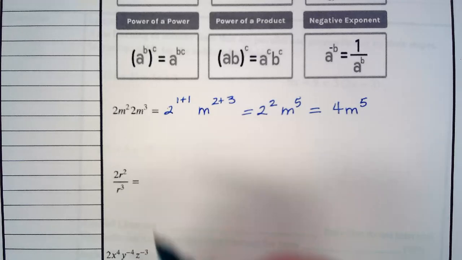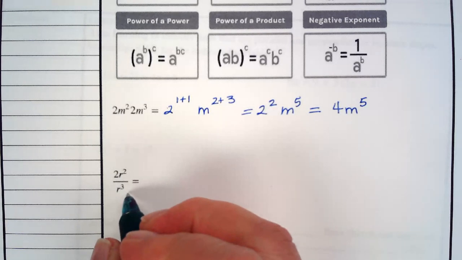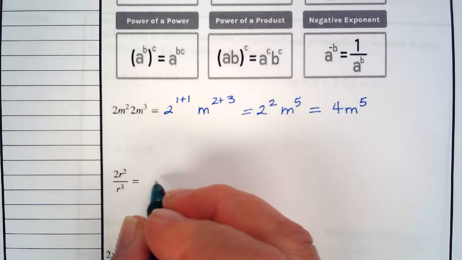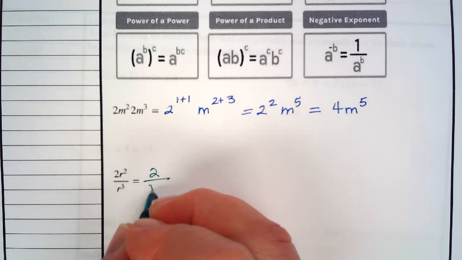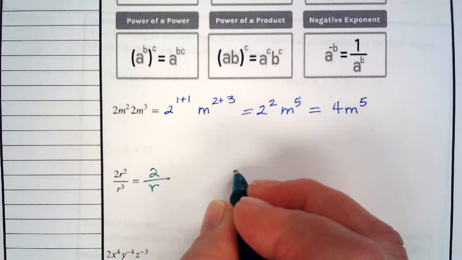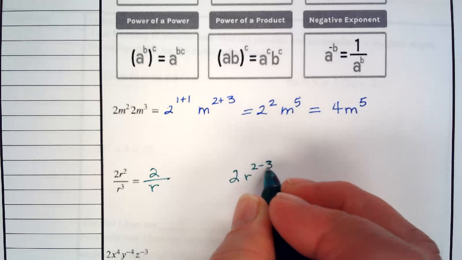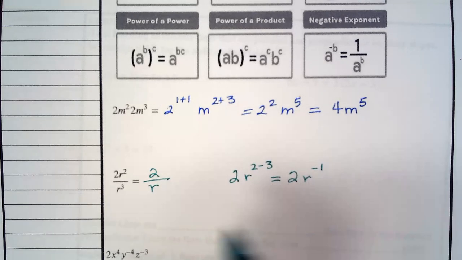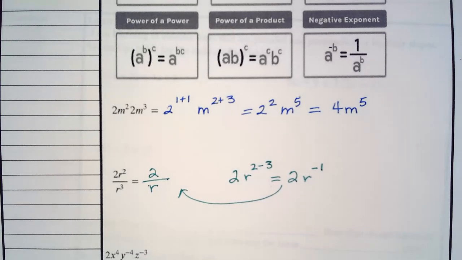For the next one, if you're thinking about this, we've got 2 r's up here, we've got 3 down in the denominator. They're going to cancel out except for the third one in your denominator. This will be 2 over r. If you're looking at it, it's 2r to the 2 minus 3, which is 2r to the negative 1, and that brings us back to our answer.